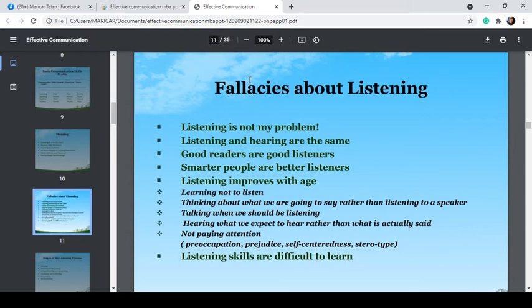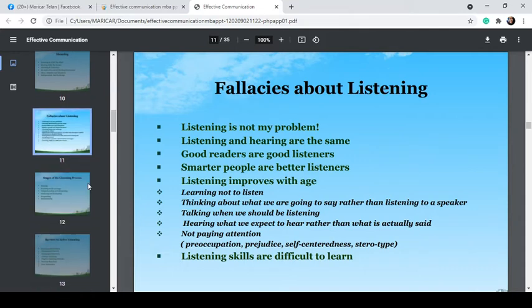Sabi nga, listening skills are difficult to learn. So, yung listening skills daw ng bawat tao ay napakahirap pag-aralan. Alam niyo bakit? Kasi hindi lahat ng tao na nakikinig, pinapasok nila sa utak nila kung ano yung pinapakinggan nila.